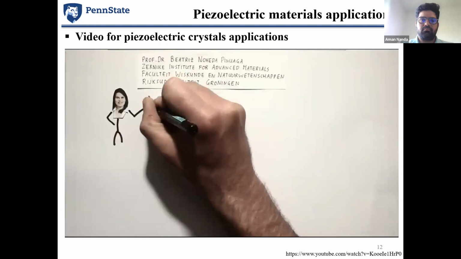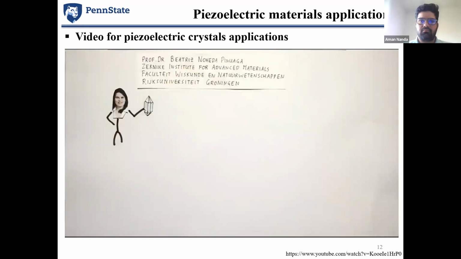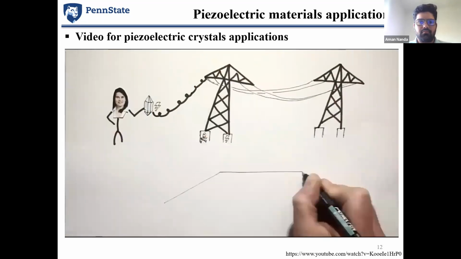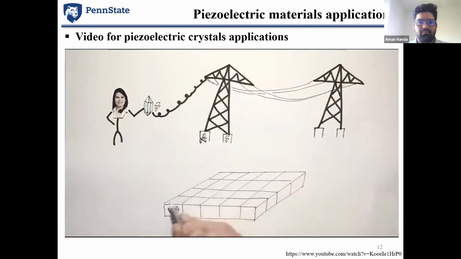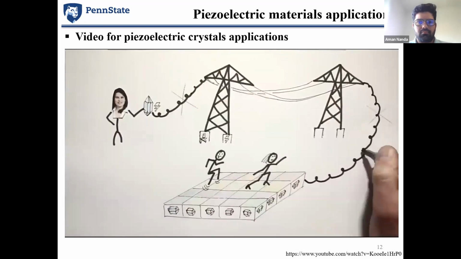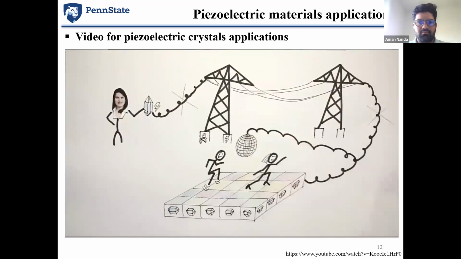Researcher Beatriz Noheda of Groningen University wants to use them for something different: generating energy. For example, you could use piezo crystals in a dance floor, which will generate electricity while you dance. Not enough to light a whole city, but you could certainly power the dance floor lights.